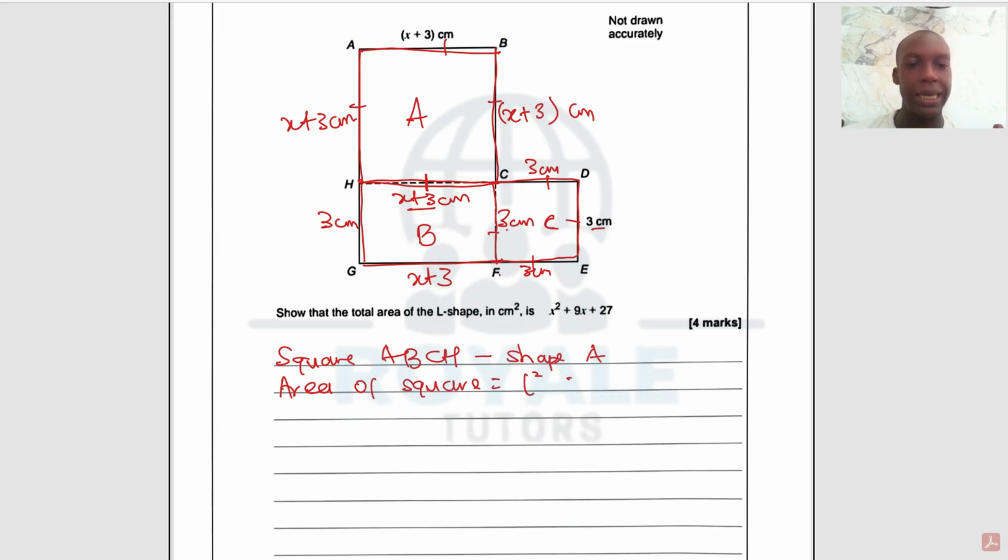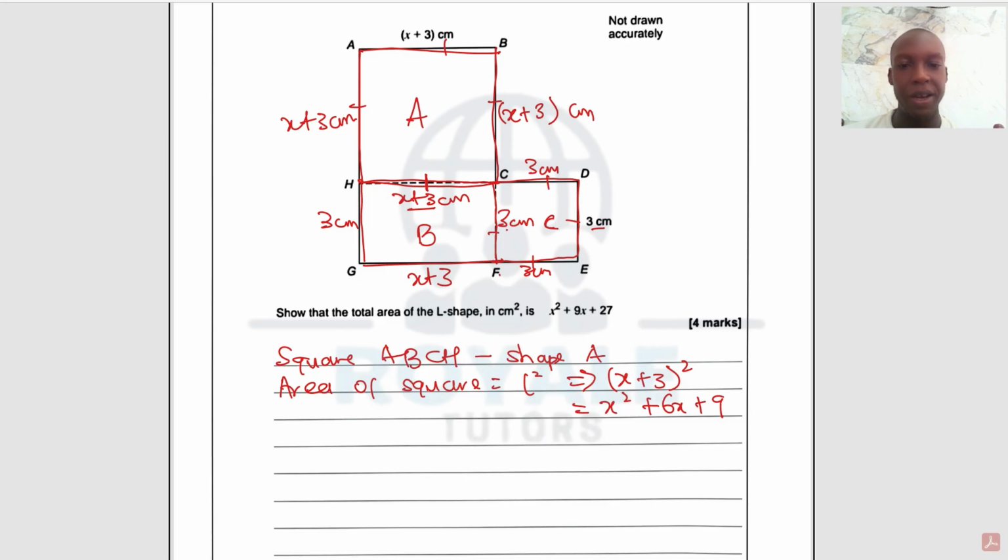And in this case, the length is going to be x plus 3 all squared. So if I square this and I solve that, I'm going to have x squared plus 6x plus 9 by the time I expand x plus 3 all squared. All right, so that's for shape A.